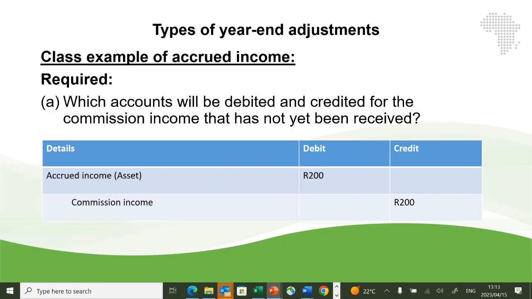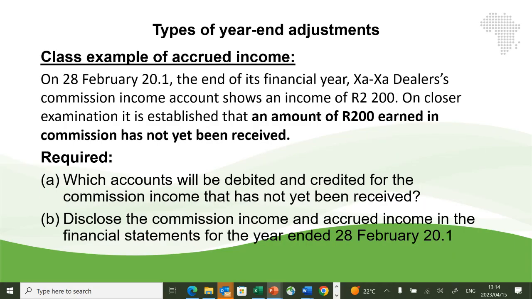So the first one that we are trying to do is which account will be debited and credited for the commission income that has not yet been received. So we know that we haven't received it, but we were told we have earned it. On a closer examination, it is established that an amount of 200 earned in commission income has not yet been received.